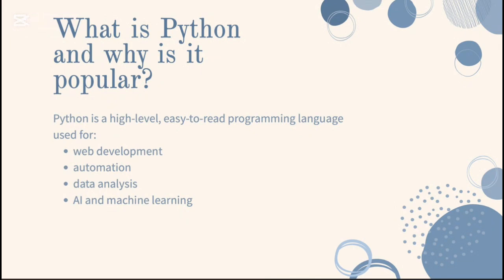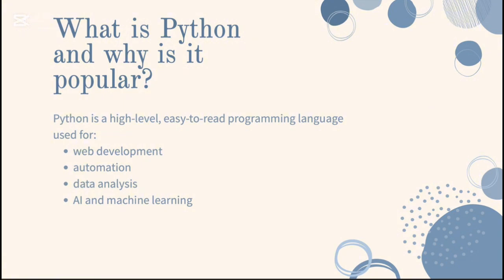We obviously cannot continue answering questions about Python without first understanding what Python itself is. Now, do not overcomplicate this. In simple terms, just say Python is a programming language that's easy to read, easy to understand, and easy to use.